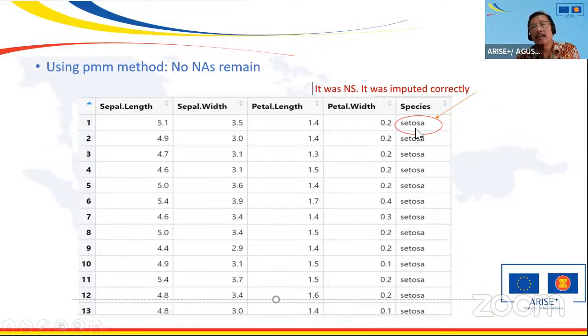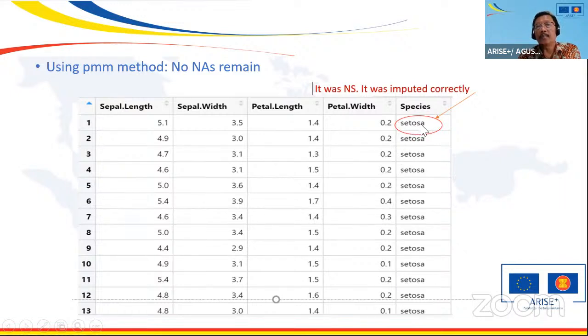But here, if you recall, one of the species is missing. And PMM can do the imputation of this categorical variable. Other methods actually can do this, but you have to change this into a factor.